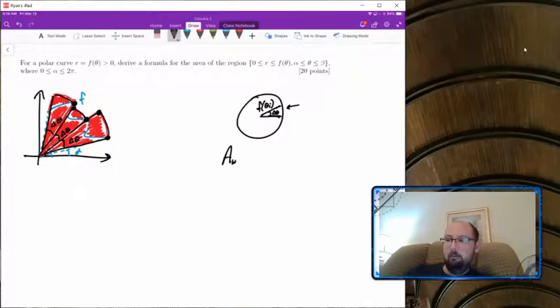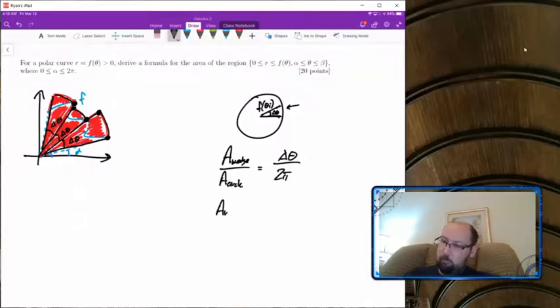The area of a wedge over the area of the whole circle would be equal to delta theta, the angle of the wedge, over 2 pi, because 2 pi would be all the way around the circle.